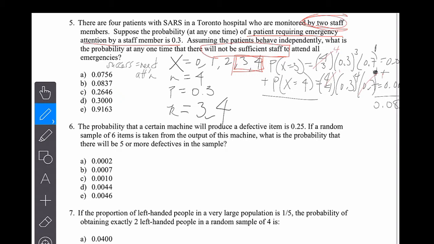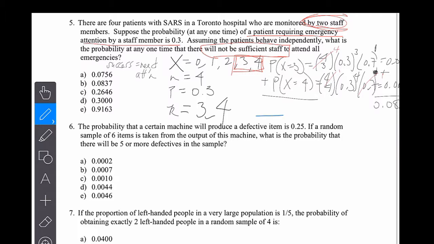So, what am I looking for? I'm going to look at the output of the machine, and I'm going to see if items are defective. So success is defect. Okay, so let me write that by just circling here.